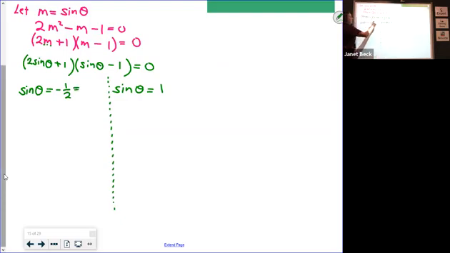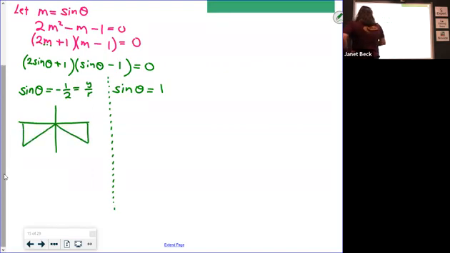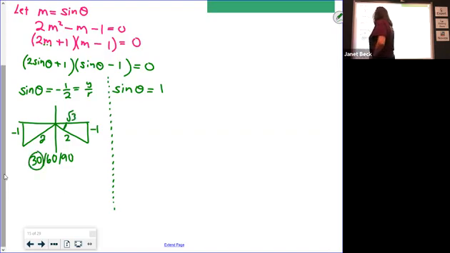The sine is y divided by r, and it must be the y that's negative 1. So y is negative 1, r is 2. That's a 30, 60, 90 triangle there. The third side would be the square root of 3. This angle here is the 30 degrees.